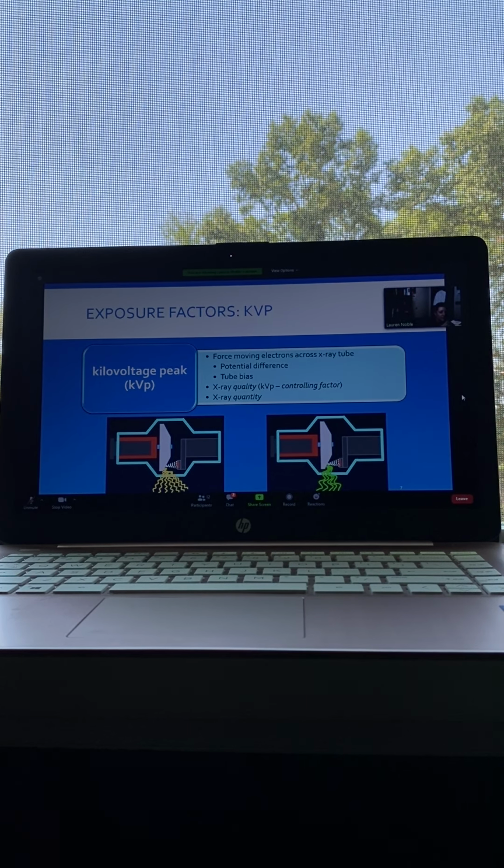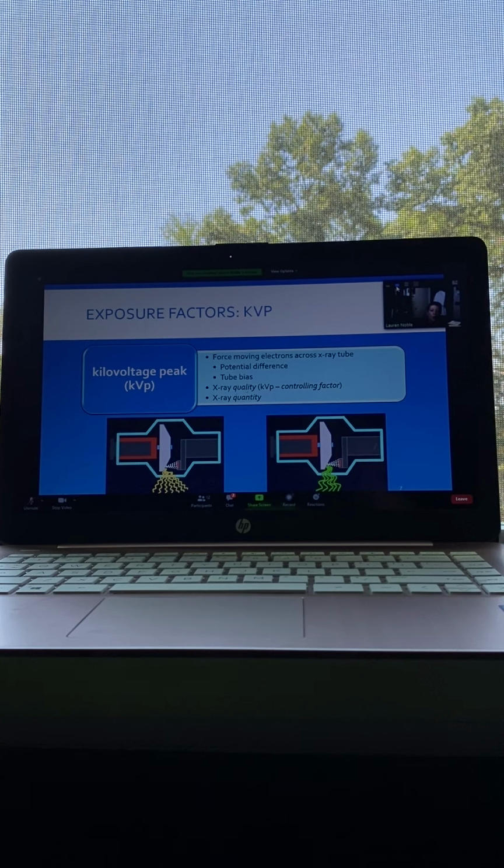Yeah, we know if we increase KVP that the quantity goes up, but it's hard to predict exactly and by how much. Okay? So we don't want to use that to control it. And also, since KVP controls the quality, we have to make sure that we are using the proper KVP for the body part that we're imaging.